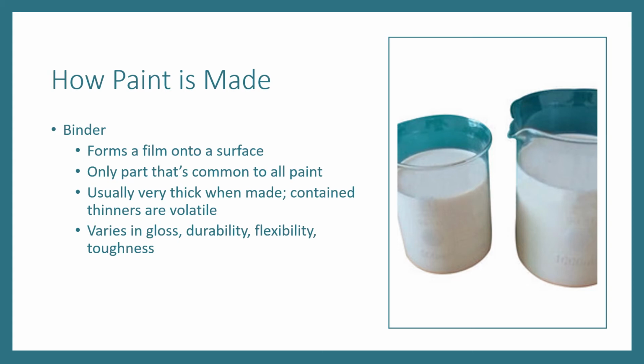You can pick some that are very flexible for if you're going to paint something that has to move a lot, or something that is tough, like car paint, which has to have a certain amount of toughness so that debris and small rocks that hit the car won't just crack the whole thing off. Some of them are very shiny, some of them are not. There are other things you can add to make it more long-lasting in other ways as well.